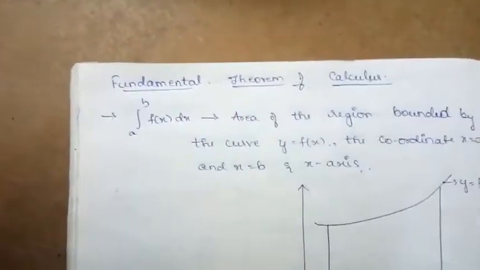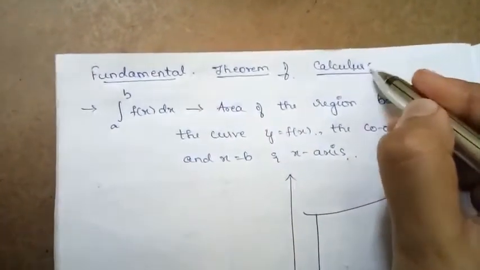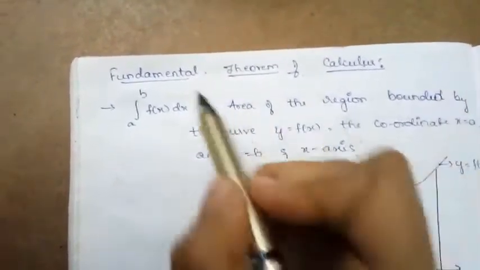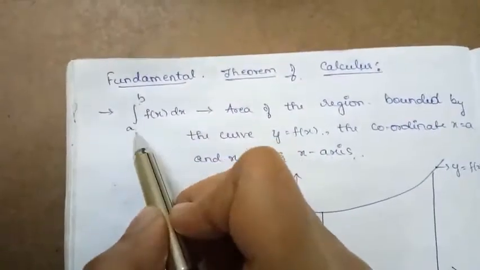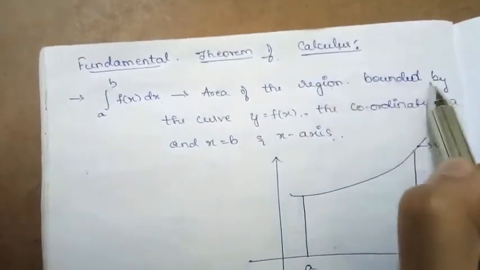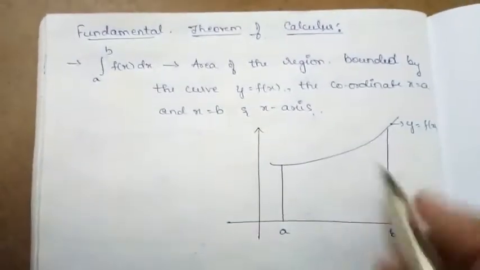Before going to the fundamental theorem of calculus, let us see what we have defined for the definite integral. The definite integral from a to b of f of x dx is nothing but the area of the region bounded by the curve y is equal to f of x.